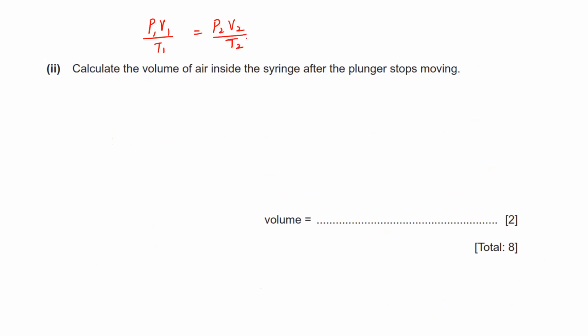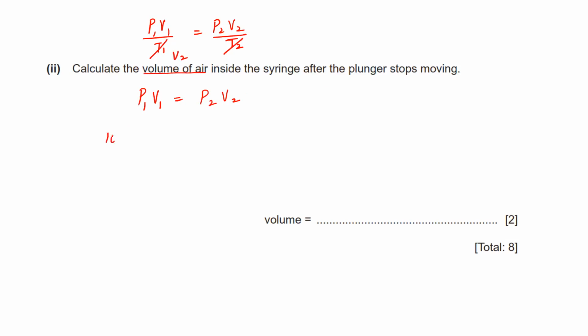This is the law which we have studied in our course. Since temperature is not changing, we are not considering temperature. So we are left with P1 V1 equals P2 V2, and we have to calculate V2.